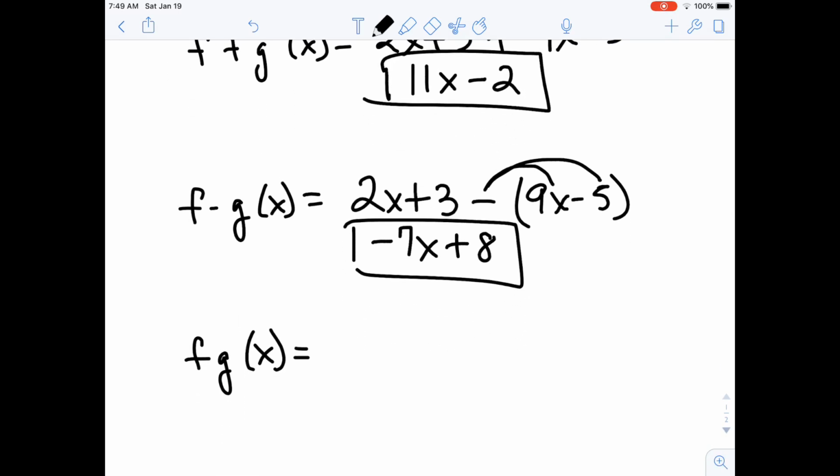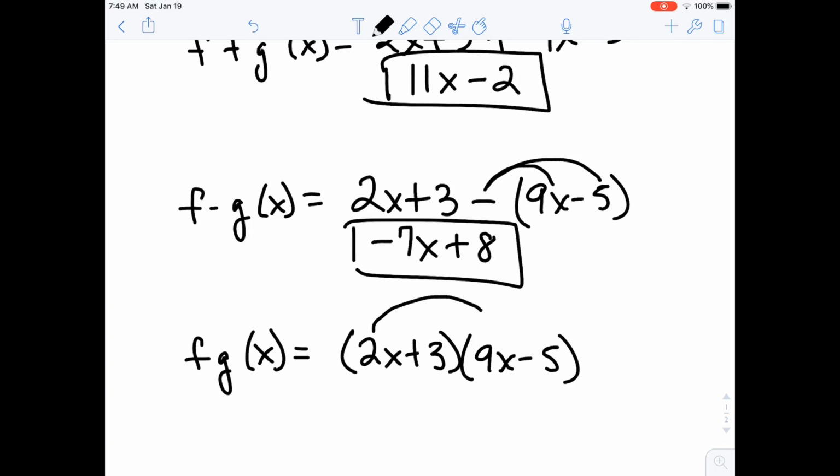Now, f times g, so what does that look like? Well, 2x plus 3 times 9x minus 5. When you have this, you have to FOIL. Remember, FOIL is an acronym for first, outer, inner, last. It's how you multiply two binomials together.